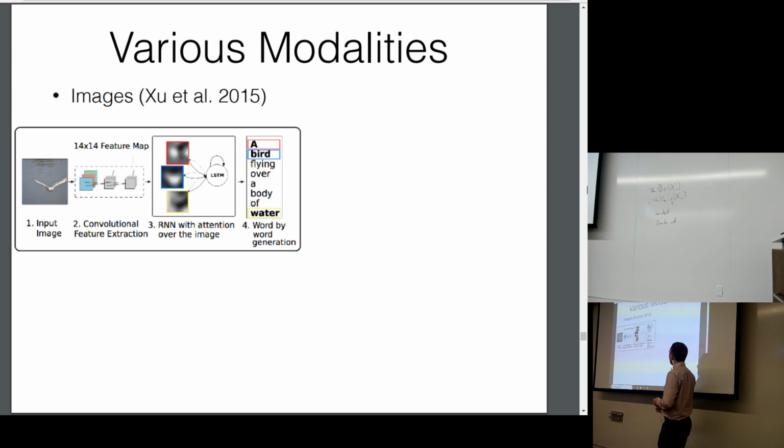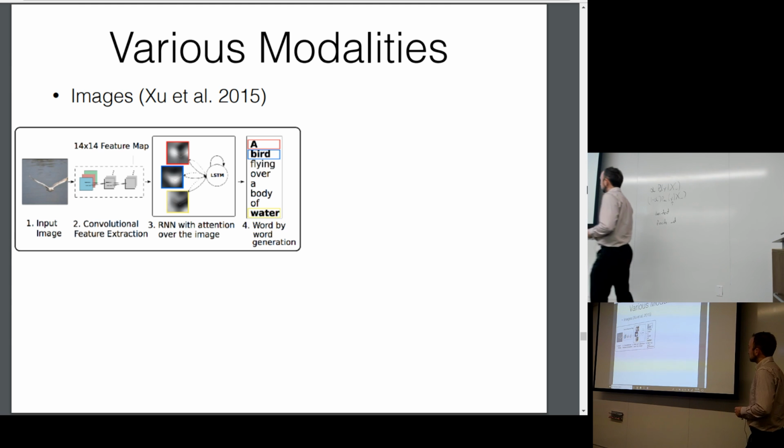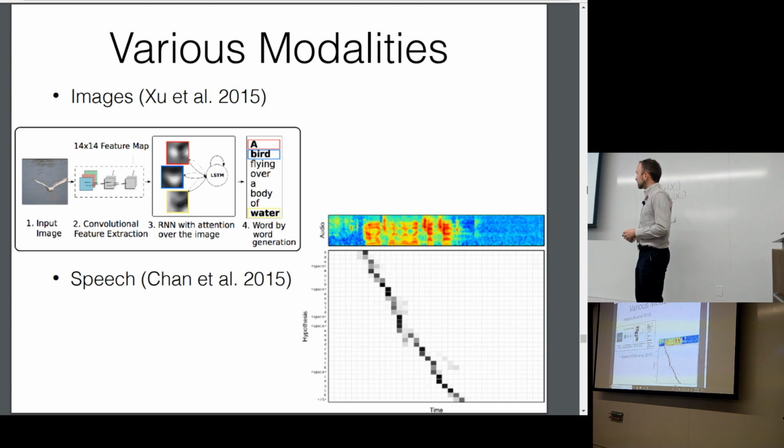When you want to generate bird, you attend to the place in the image that has the bird. When you want to generate water, you're attending to the places in the image that have water. This is also true for speech, which you probably heard about.